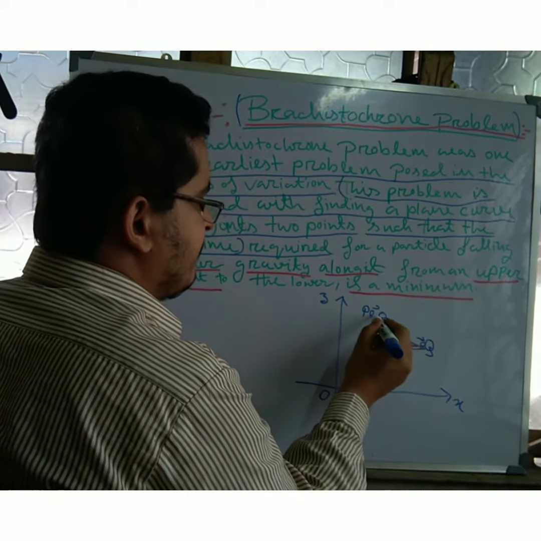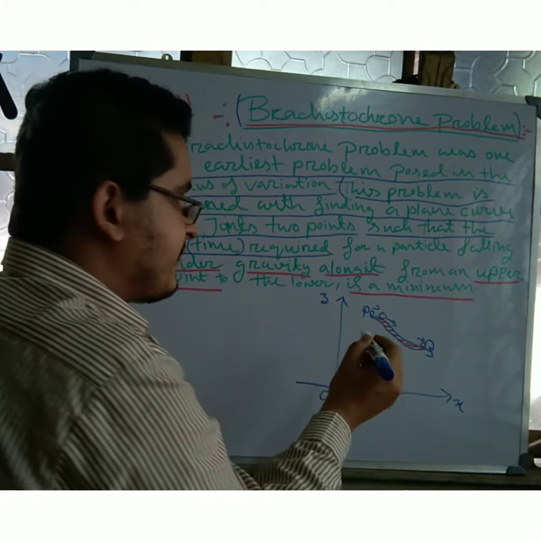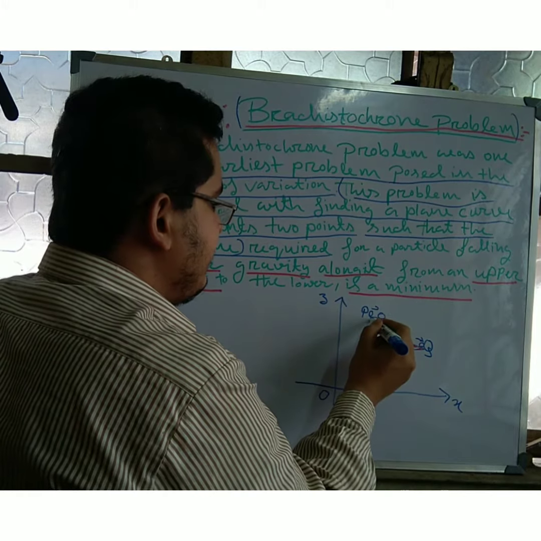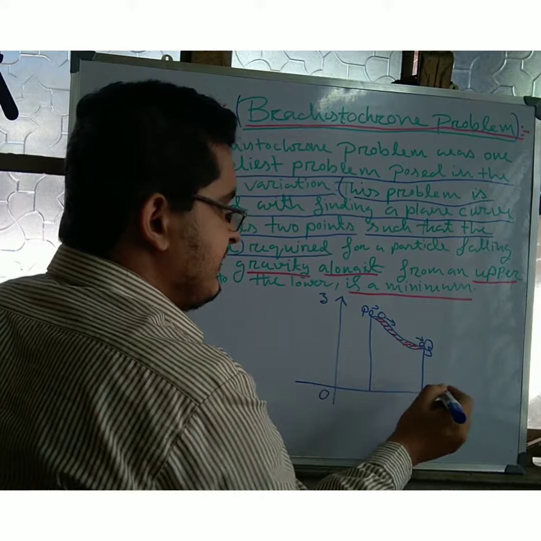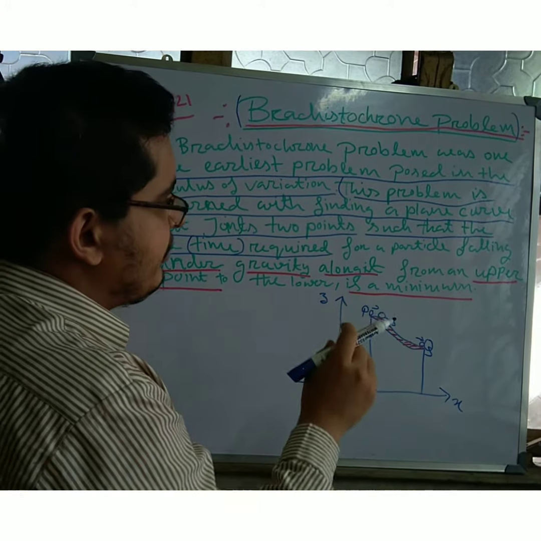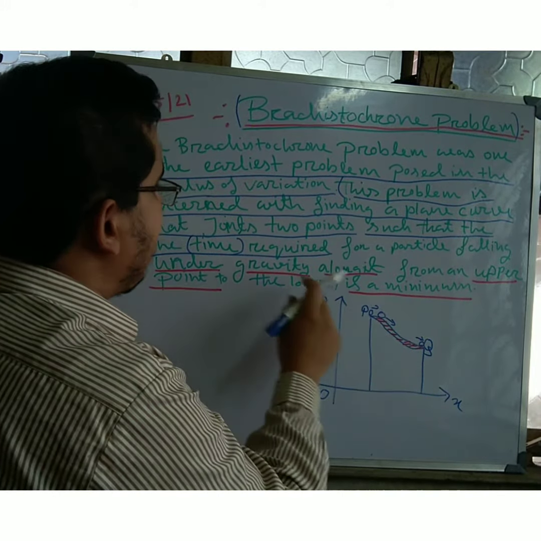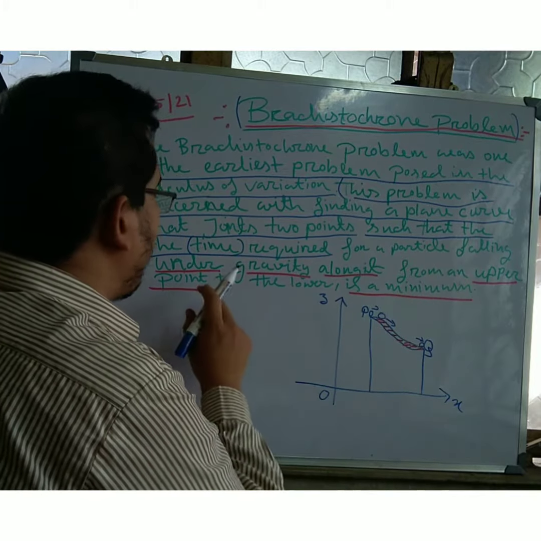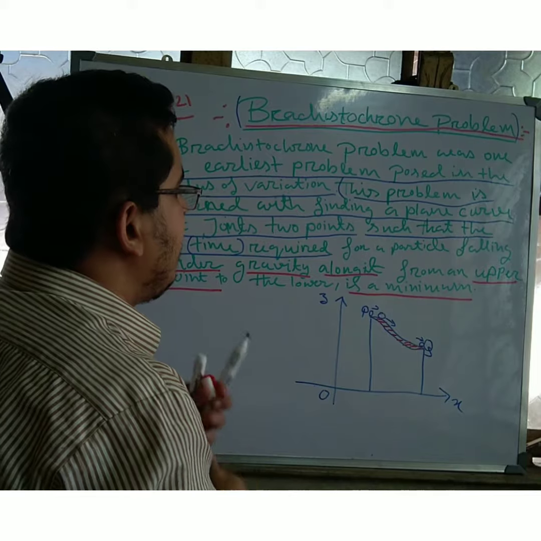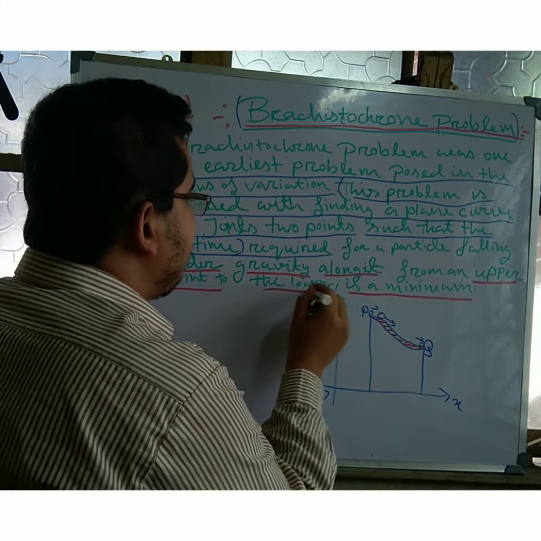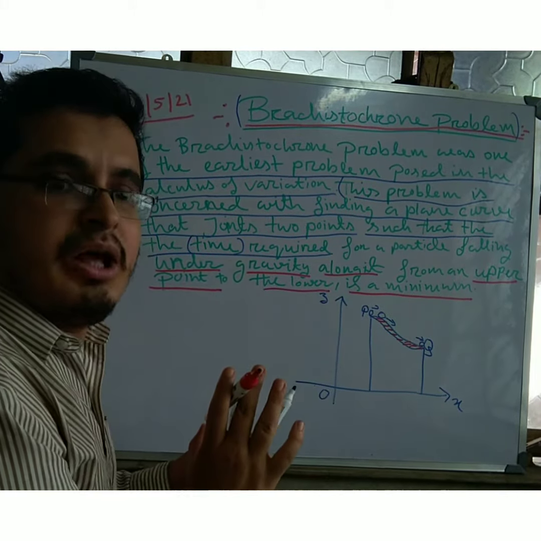This is the total height between P and Q for the particle. So when the time required from the upper point to the lower point is minimum, everything is according to the theory.